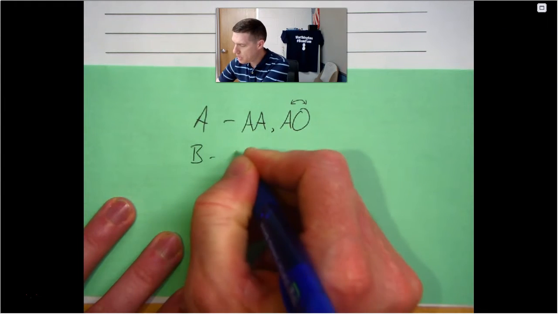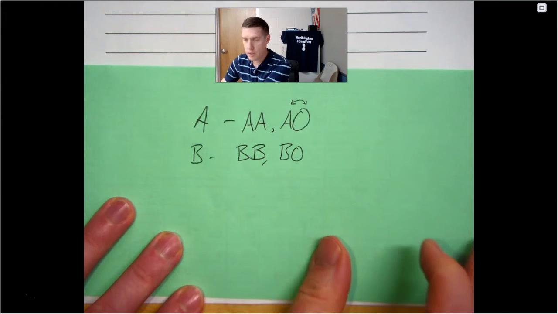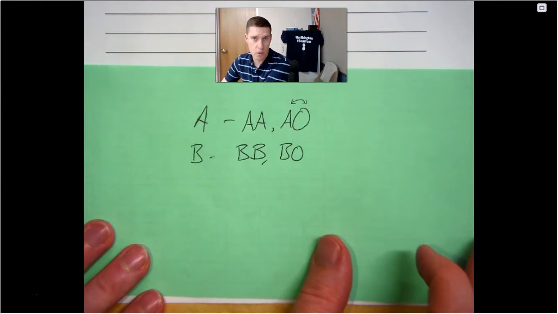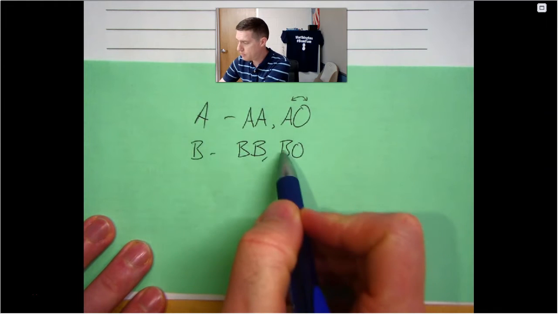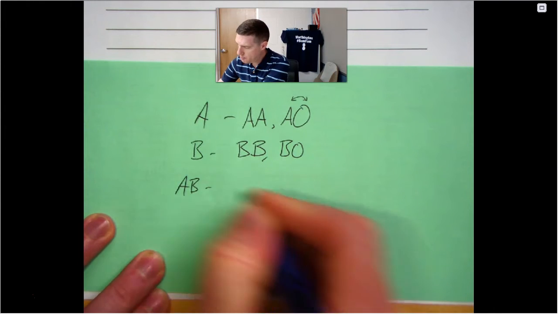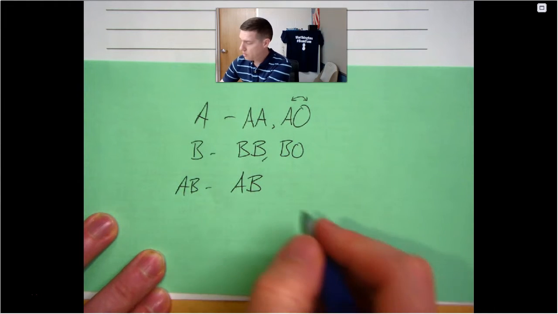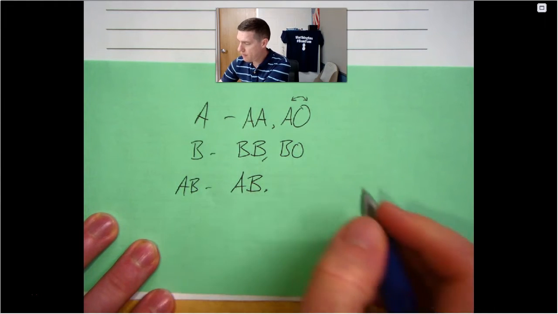For blood type B, okay, there are your genotypes for blood type B. Same thing with these 2 letters. There is AB, which is pretty self-evident there.